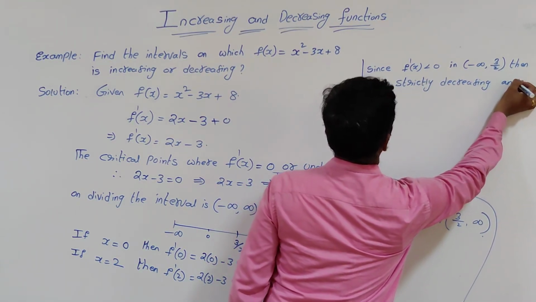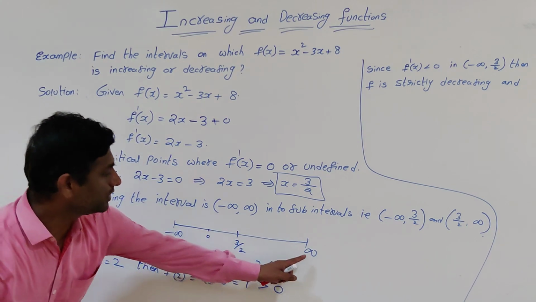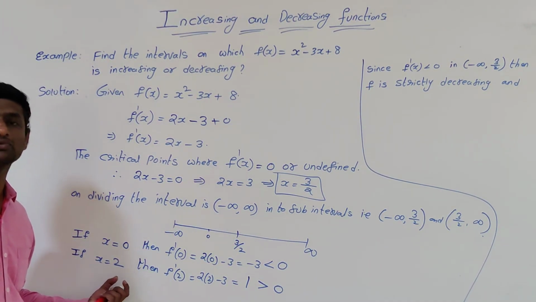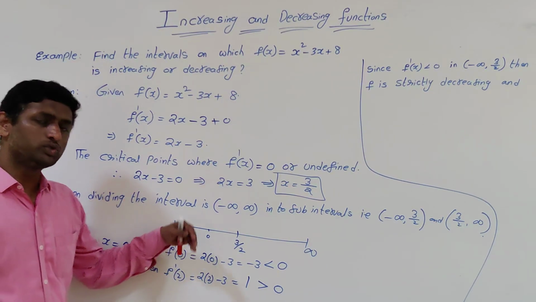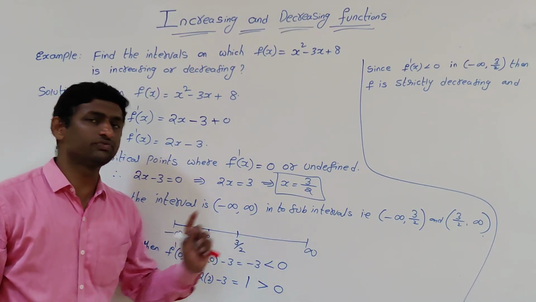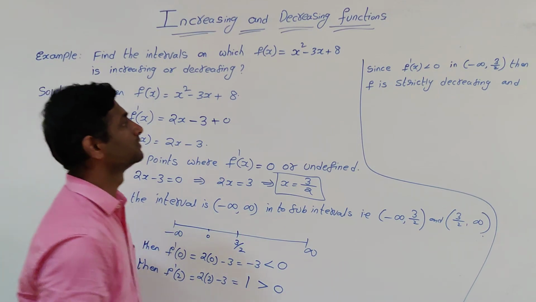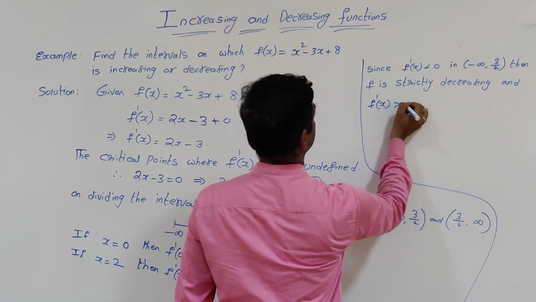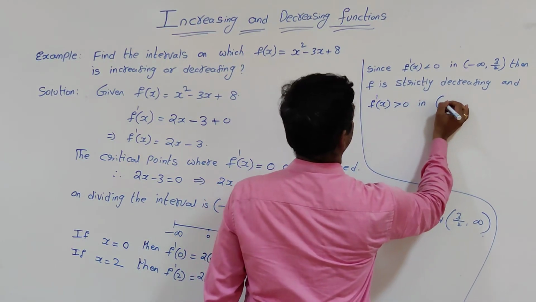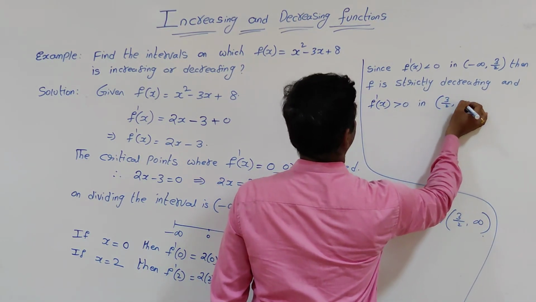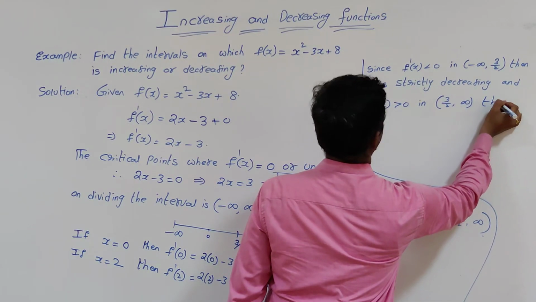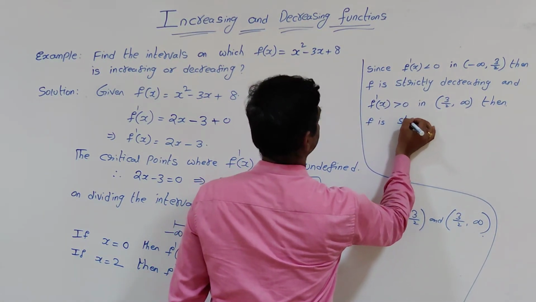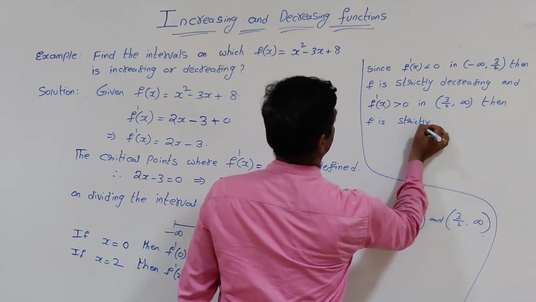And in 3 by 2 to infinity, what signs are we getting? As I have chosen a random value 2, you choose any value in between 3 by 2 to infinity, you will get a positive sign only. And f dash of x is greater than 0 in the interval 3 by 2 to infinity. Then f is a strictly increasing function.